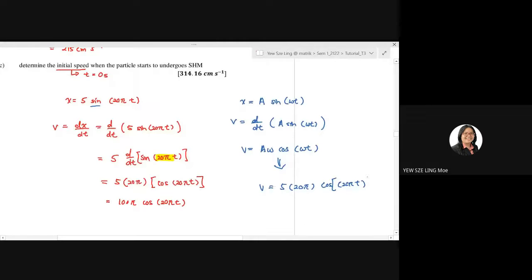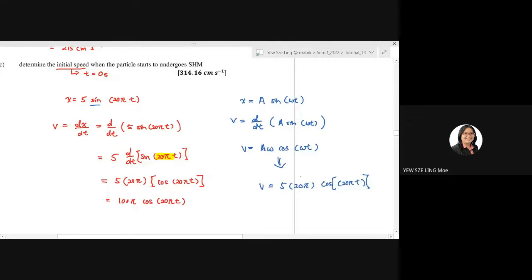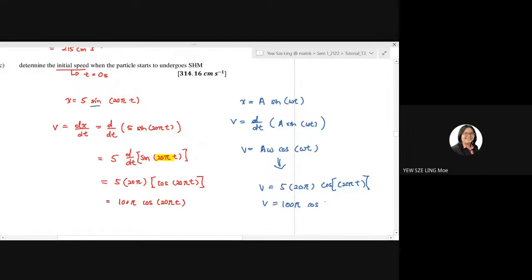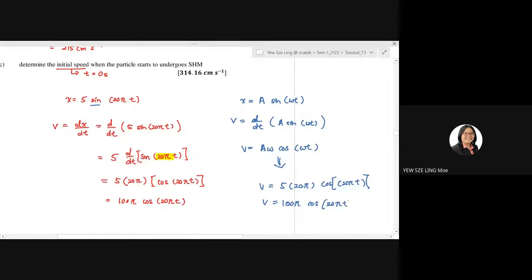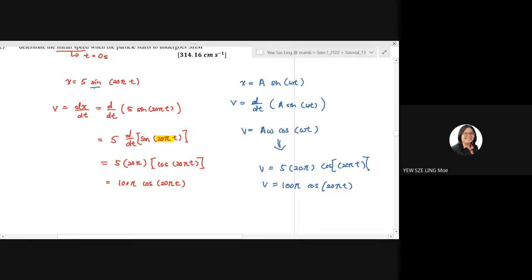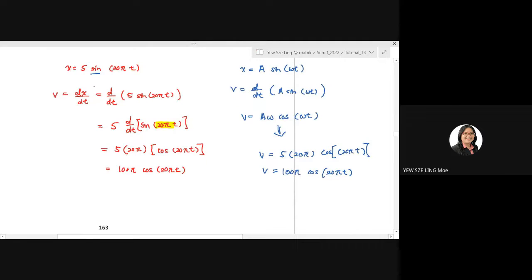You just substitute the values after you differentiate the general equation. Eventually you still get 100 pi cos 20 pi t, the same result. So it's up to you whether you differentiate the one with values straight away, or differentiate the general equation and then substitute the values.